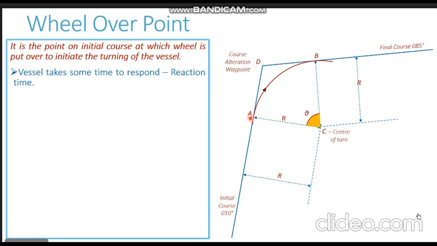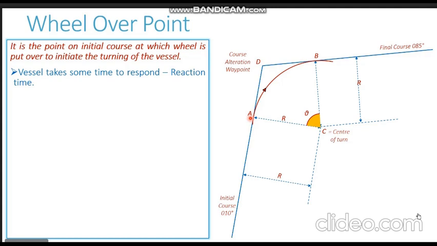The reason for that is that every vessel takes a certain time to respond to the helm angle. This is called the reaction time. When the wheel is put over and a particular helm angle is given, the vessel does not start to alter its course immediately. It waits for some time, takes this time to respond, and then starts the alteration.